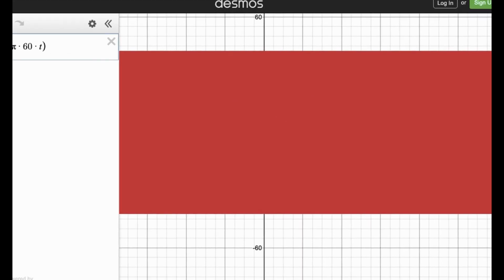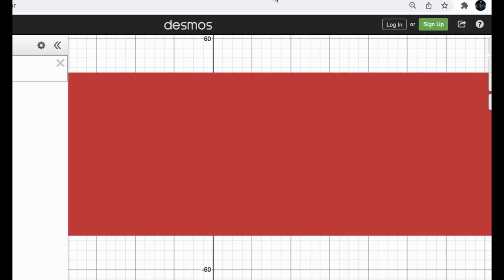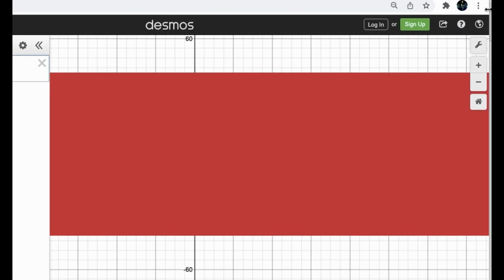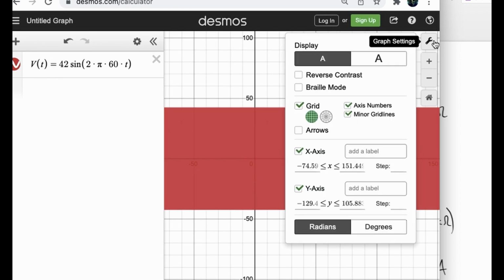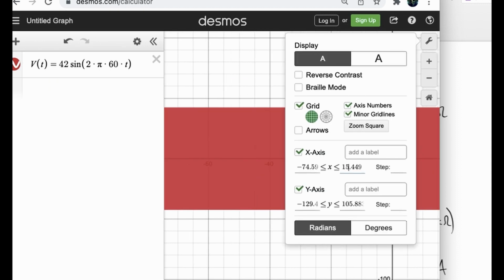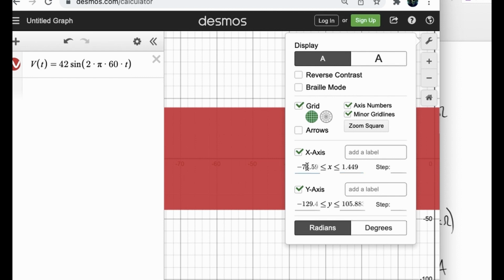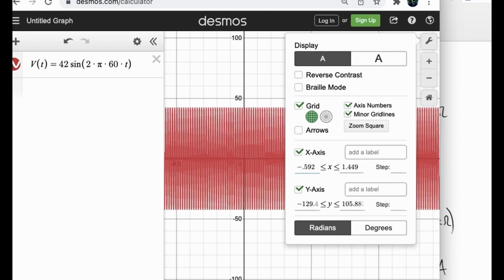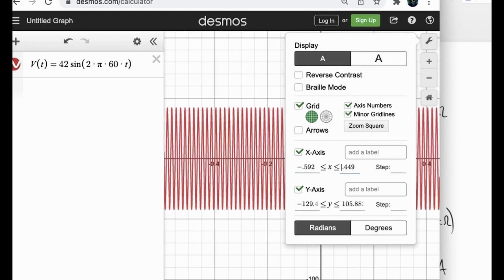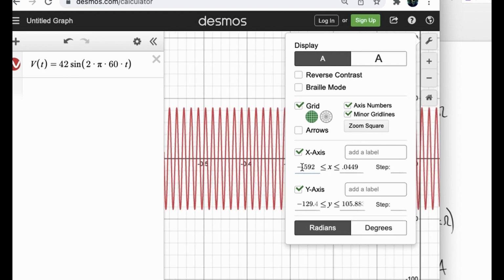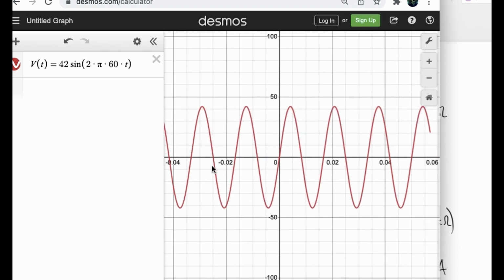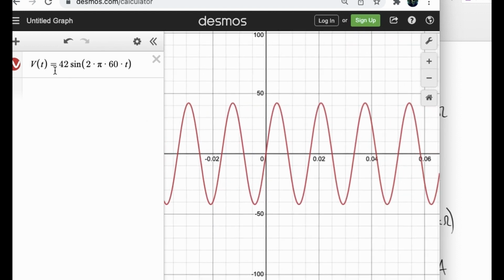I'm going to have to rescale the axes. We got to zoom way in. Okay, now we can see the voltage.